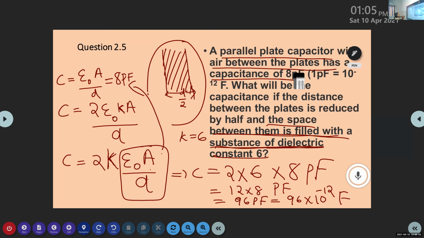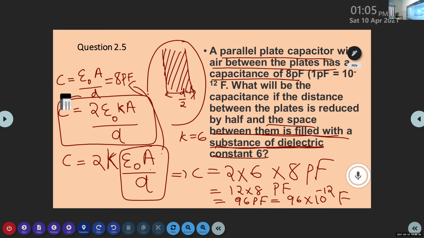Then we change the distance of separation: the distance is reduced to half and the medium of separation is a dielectric. So the capacitance becomes C is equal to 2K into epsilon 0 A divided by D by 2.